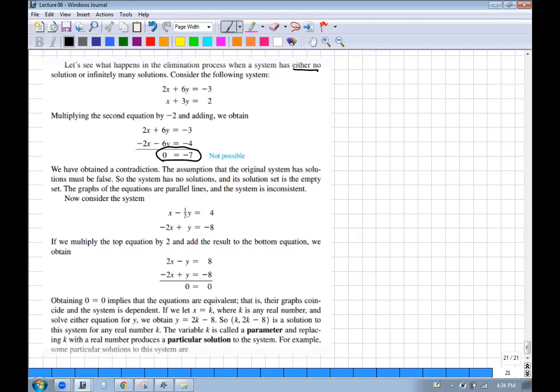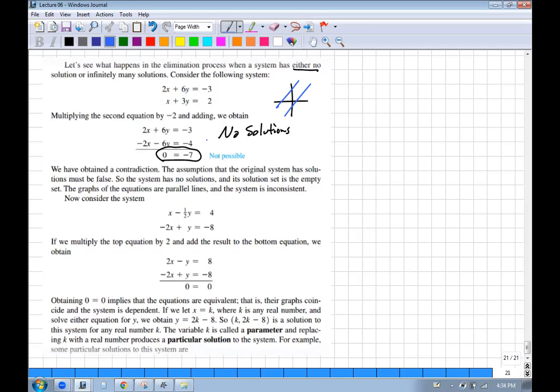That's never the case. So this is no solutions. All right. This means that the two lines never intersect. It means they are, in this case, check it out. If I multiply everything by 2, they're a lot alike. They are parallel. They never cross.